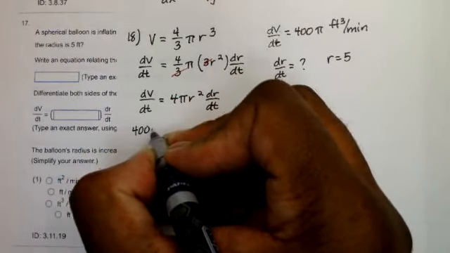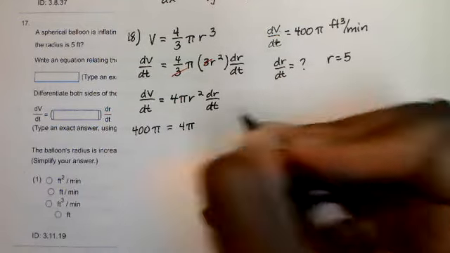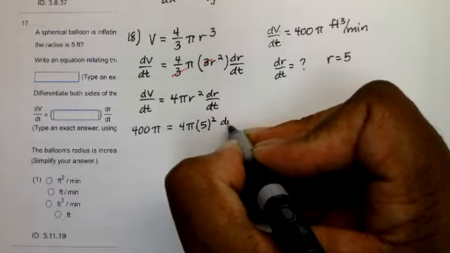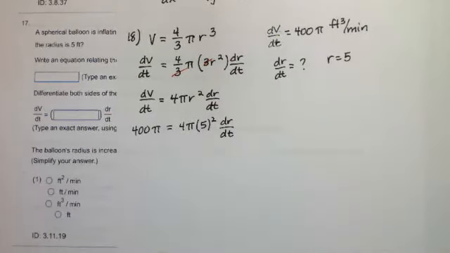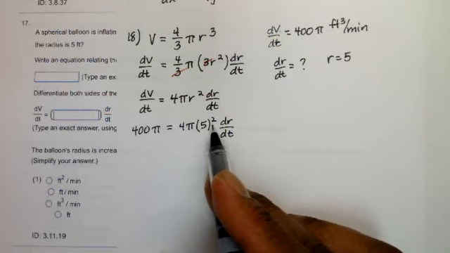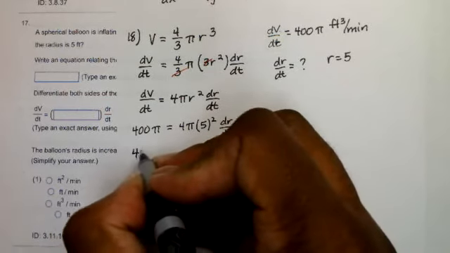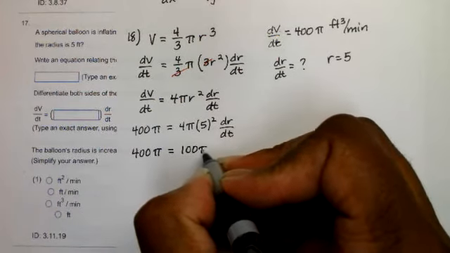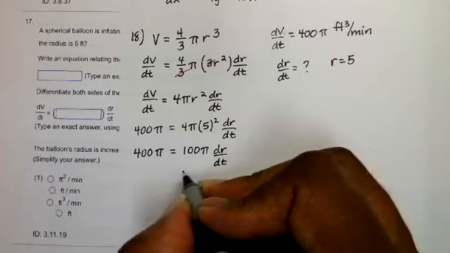So 400 pi is equal to 4 pi times the radius, which is 5, squared, times dr dt. Now if I square the 5, that's 25. 25 times 4 pi would be 100 pi. So 400 pi equals 100 pi dr dt.